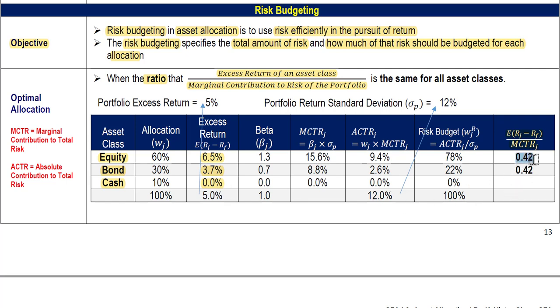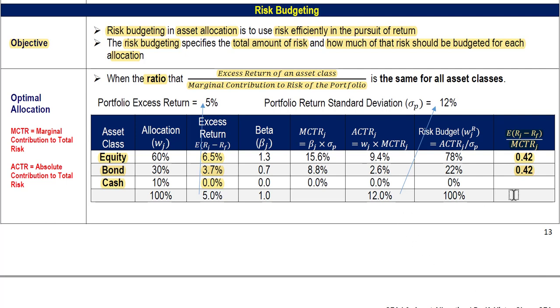We find that for the risky asset classes, equity and bond, they both equal 0.42. In this case, we have the optimal allocation. Therefore, the key is that when this ratio on each class is equal to each other, we reach the optimum allocation in terms of risk budgeting.